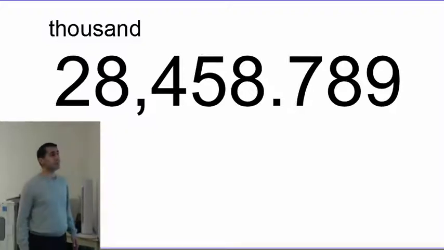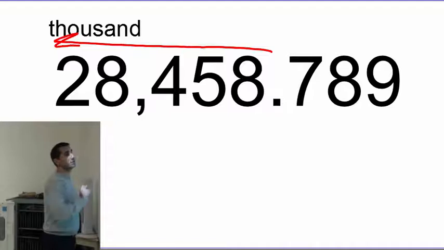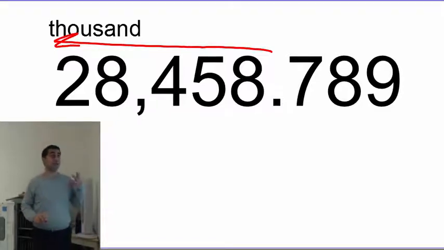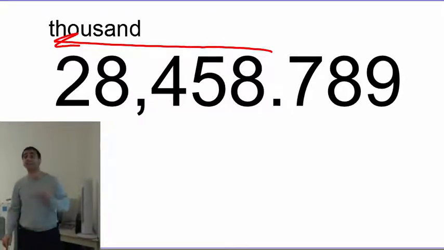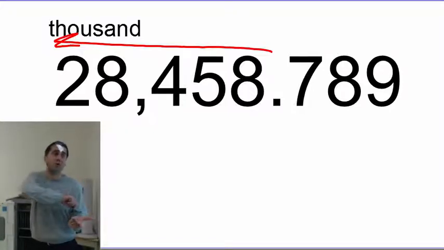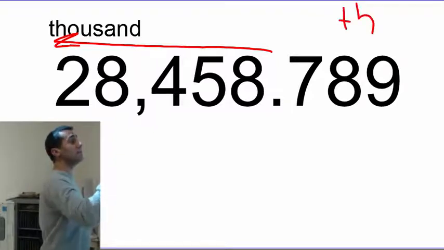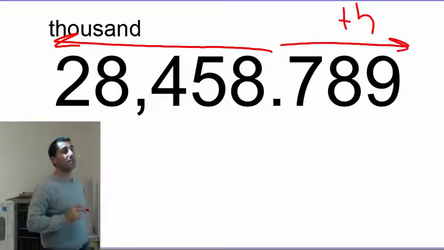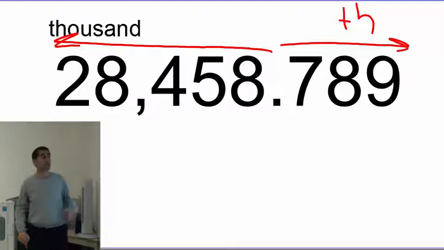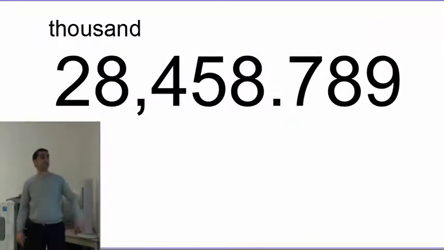That means I'm gonna look at the numbers before the decimals. If I hear a number that has th at the end, like tenth or hundredth or thousandth, if it has th at the end, I'm gonna pay attention to the numbers after the decimals. But in the question we are working on right now, I just need to round up this number to the nearest thousand.